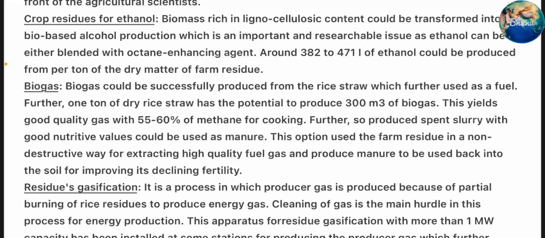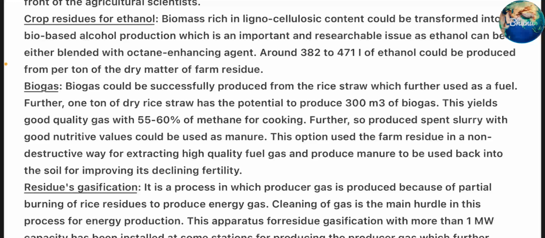Biogas. Biogas could be successfully produced from the rice straw, which is further used as a fuel. One ton of dry rice straw has the potential to produce 300 meters cube of biogas. This yields good quality gas with 55 to 60% of methane for cooking.